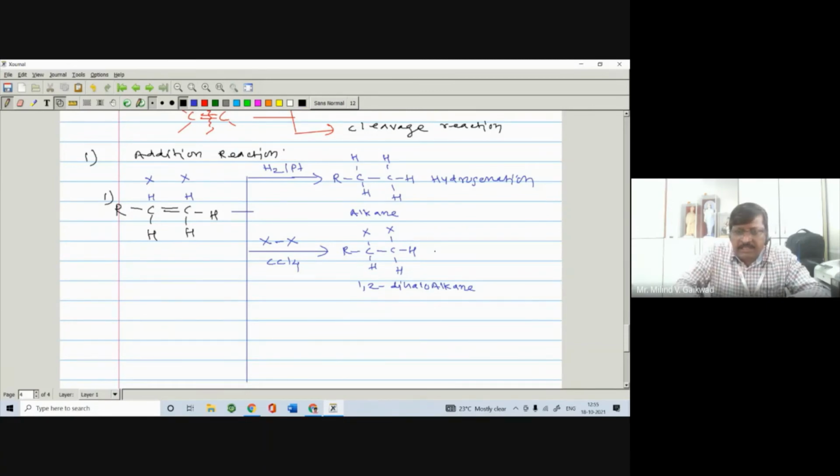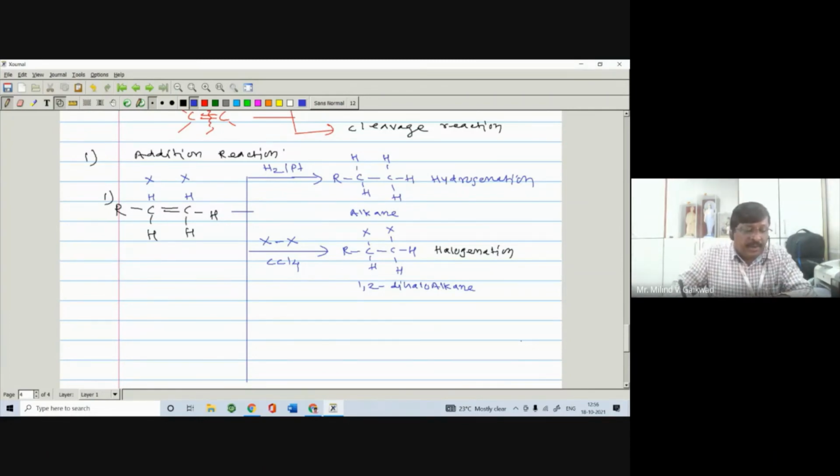It is called a halogenation reaction. There is the addition of halogen on the doubly bonded carbon atoms to give the corresponding 1,2-dihaloalkane, called a halogenation reaction, right? Next, again an example, we can write down the example on this carbon-carbon double bond also.